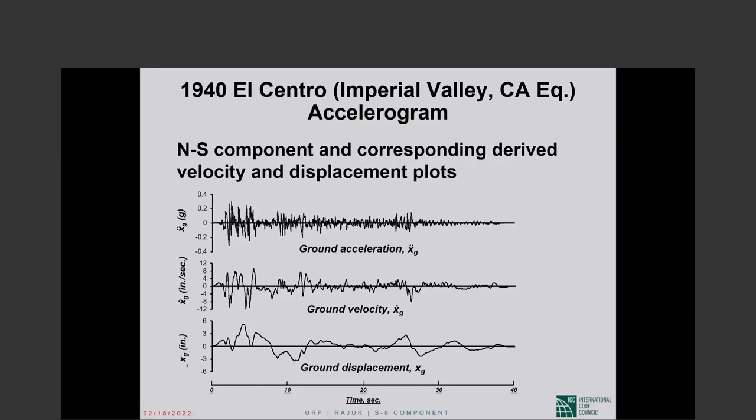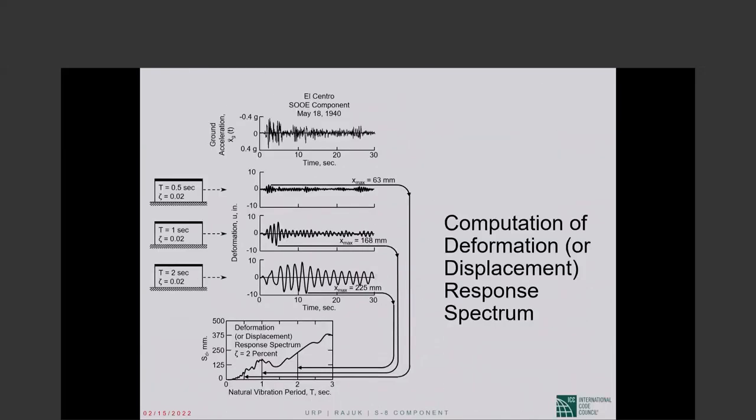Now what you see is for one component of one earthquake, but the major observations hold for any earthquake ground motion. The fact that the frequency is very high in the ground accelerations, it decreases when it comes to velocity, and the frequency is very low, the period is quite long when it comes to ground displacements. Okay. I think that may be enough for now.